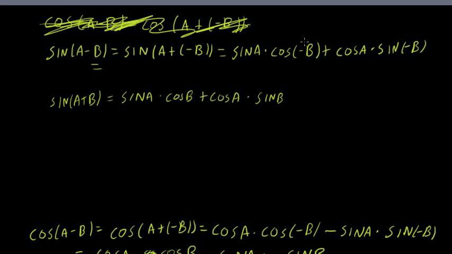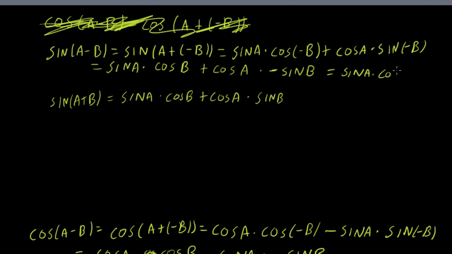From our odd-even identities, we know the cosine of negative B is the same thing as the cosine of B, and that the sine of negative B is the same thing as negative sine of B. So we rewrite this.